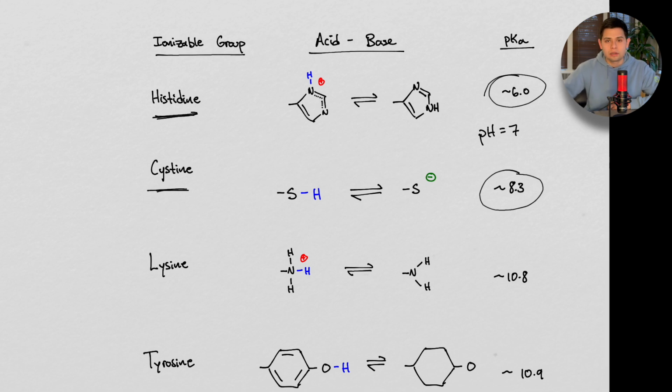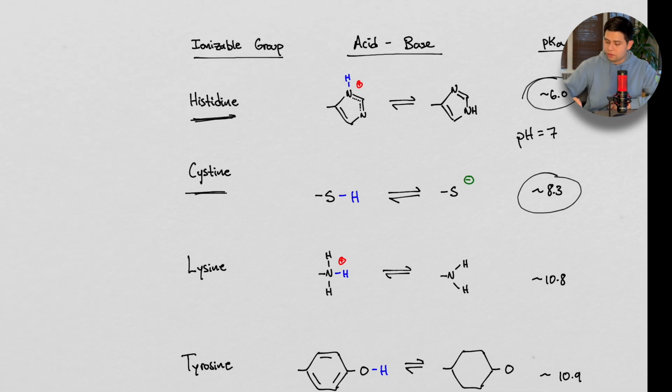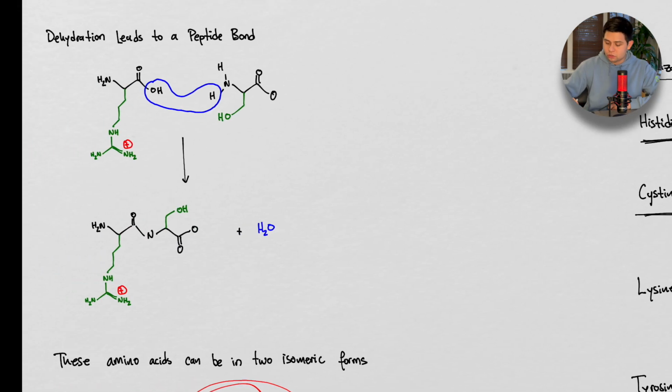We usually do it at a pH of 8 in the lab. That's typical standard procedure, and so we want to take a look at what's actually going on at the molecular level for these proteins. That's what I got for this video. It's a fairly short video.